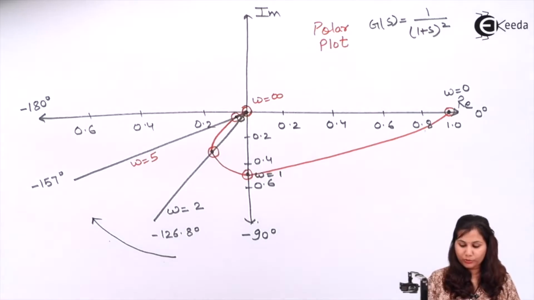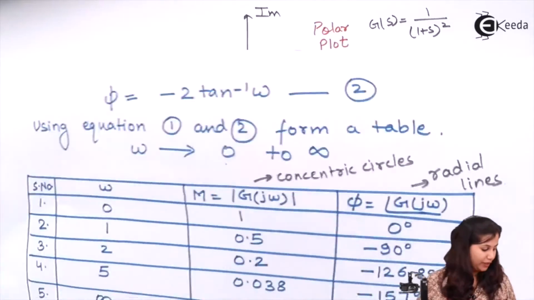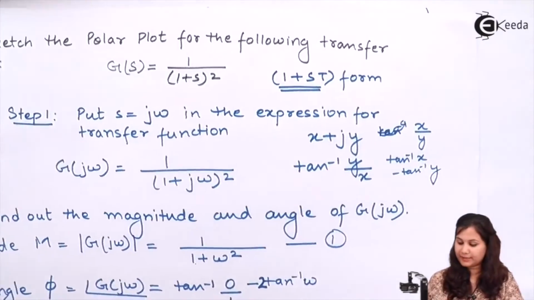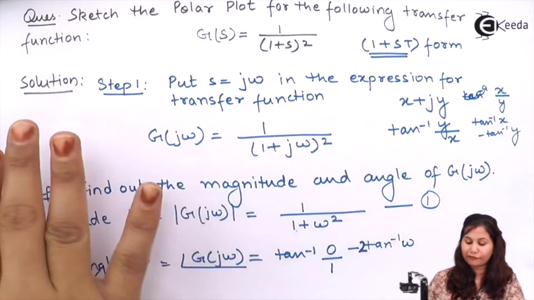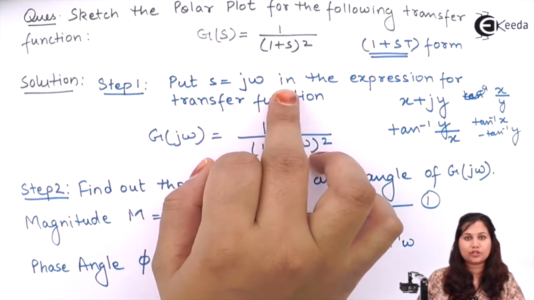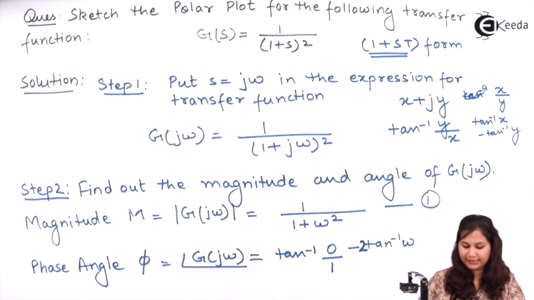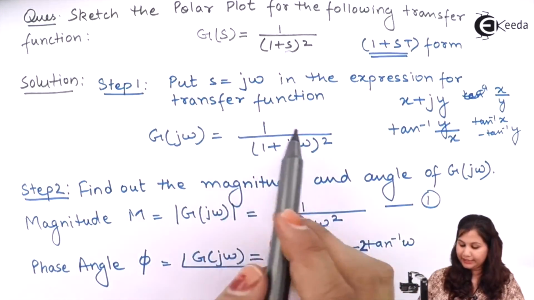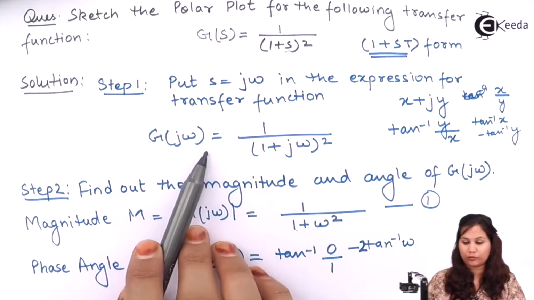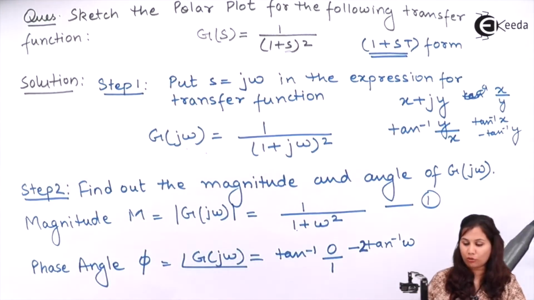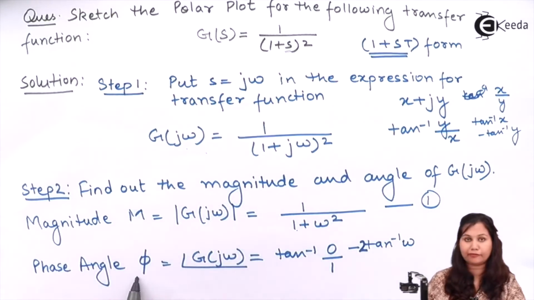So what we do when we are asked in a question to plot the polar plot of a system: for the polar plot, your first step will be to put s as j omega, that is, replace s in the transfer function by j omega and get the expression for G(j omega). Then find the magnitude and angle of G(j omega), that is M and phi.